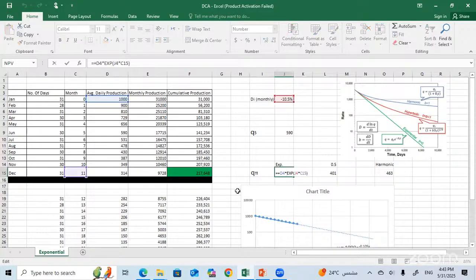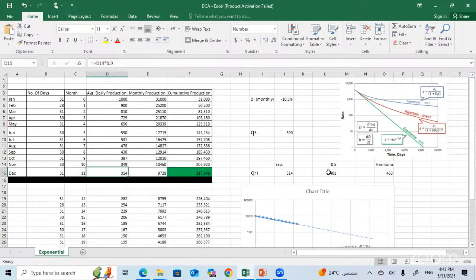In the 11th month or the 12th month, I put the QI as here in this rule, and the decline rate is here, and the time in the 11th month is here, and it will be 314, like this one. So this is how the decline rate works.